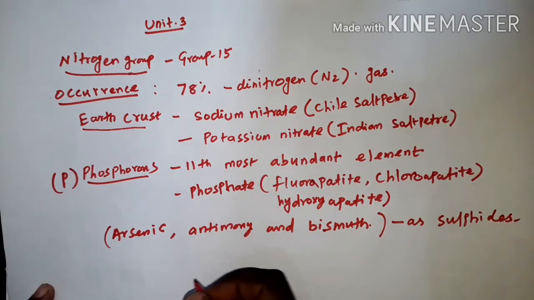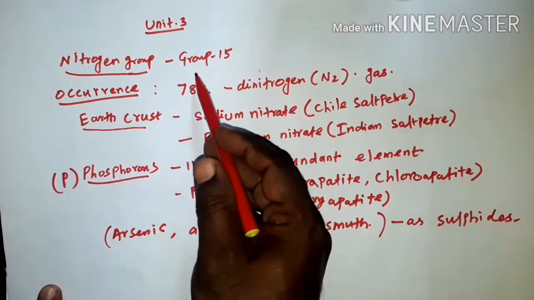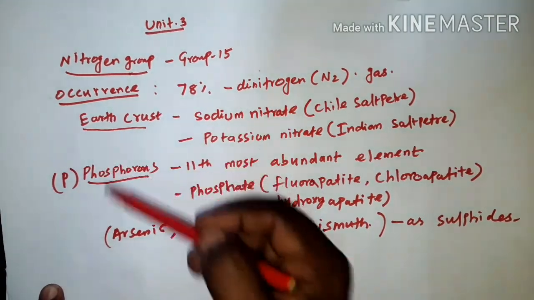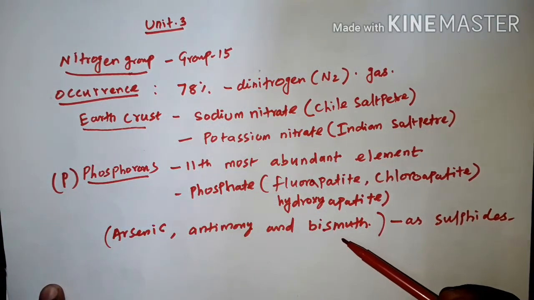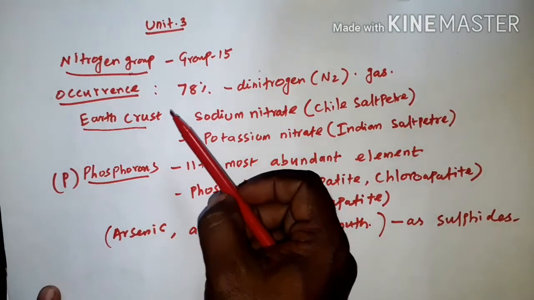Actually they are not very abundant, they are in very small quantities in the earth. In group 15, nitrogen and phosphorus are the most important elements.